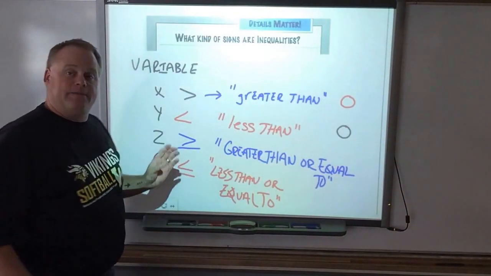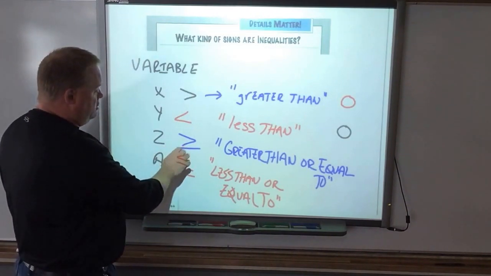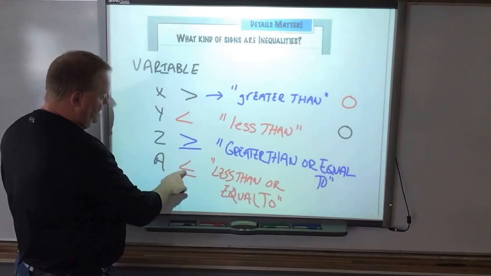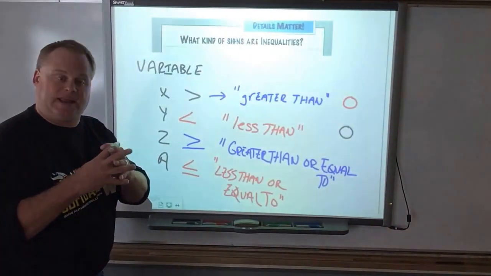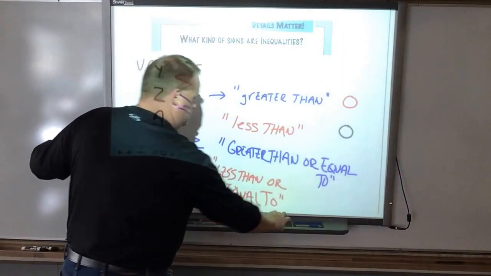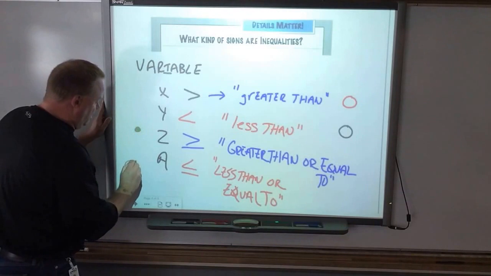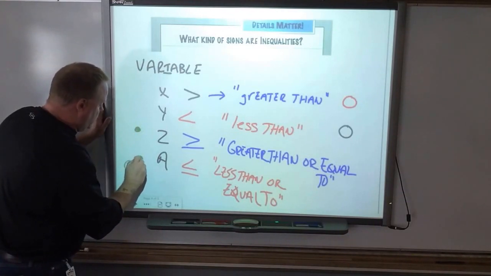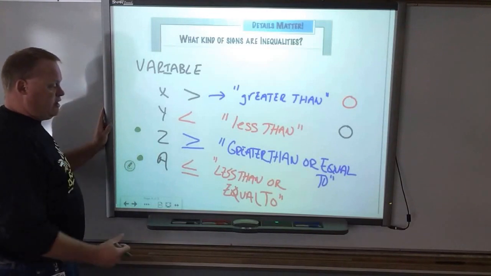The only time it changes is when I use a greater than or equal to and a less than or equal to. The equal to bar changes what happens, and it becomes a solid dot. So when I graph, it is solid.